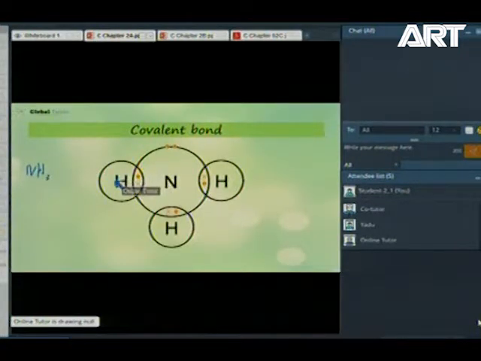Hydrogen atoms can pretend as if they got 2 electrons, and this also the same and this also the same. Having 2 electrons in the outermost shell means they have a stable electronic configuration. On the other hand, the nitrogen atom can also pretend as if it has 1, 2, 3, 4, 5, 6, 7, 8 electrons, which is also a stable electronic configuration.